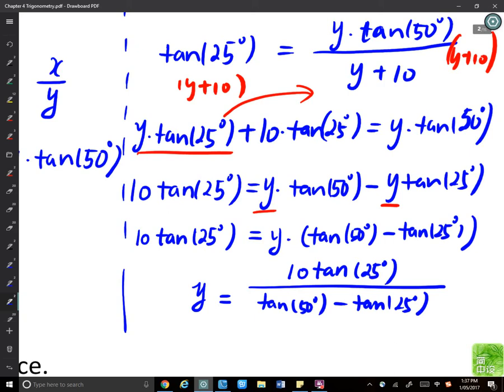And this side, I will expand this bracket: y times tan 25 plus 10 times tan 25. Expand the bracket. So it's like that.